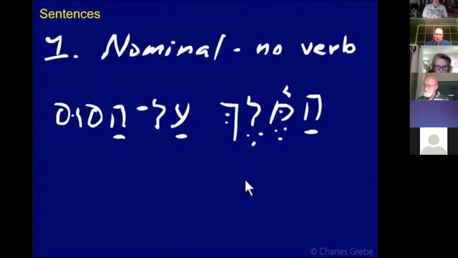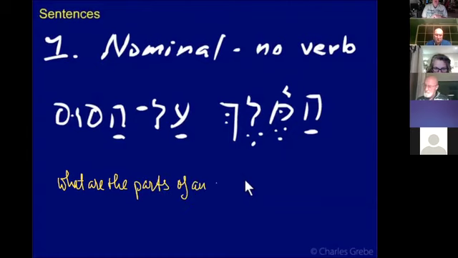So, what are the parts of an article? There are three parts. Anybody? Do you remember the three parts of an article?